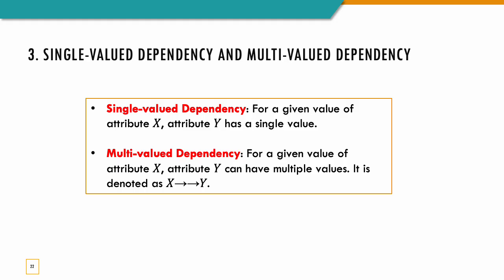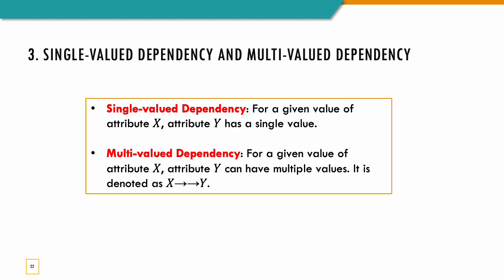So the next type of functional dependency is the single-valued dependency and multi-valued dependency.